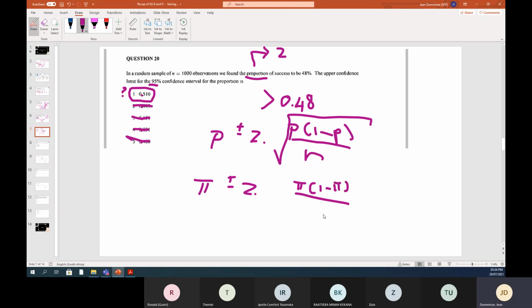the same. And what you will see is when we're working with confidence intervals, this part is similar because, let's say 0.48 times, then we will get the opposite.